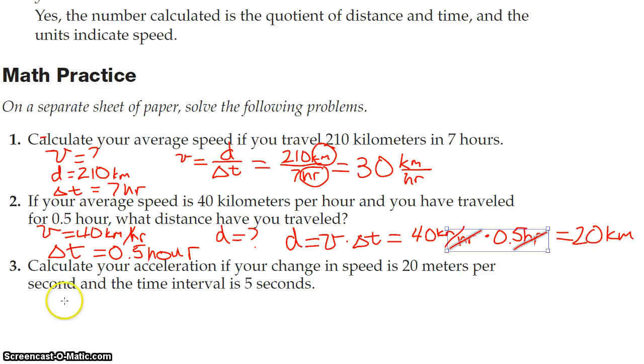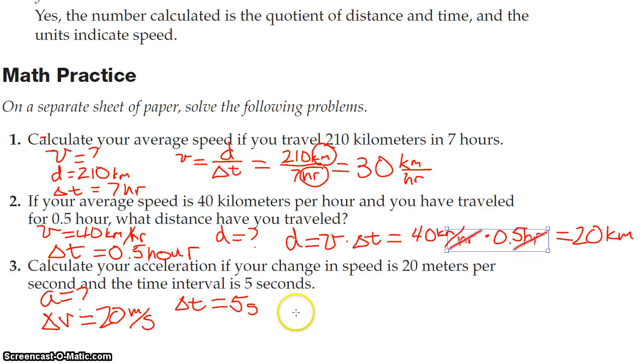On to the next one down here. Here we're trying to find our acceleration. So A is equal to, we don't know, and our change in speed is 20 meters per second. So delta V is equal to 20 meters per second, and our time interval, delta T, is equal to 5 seconds.